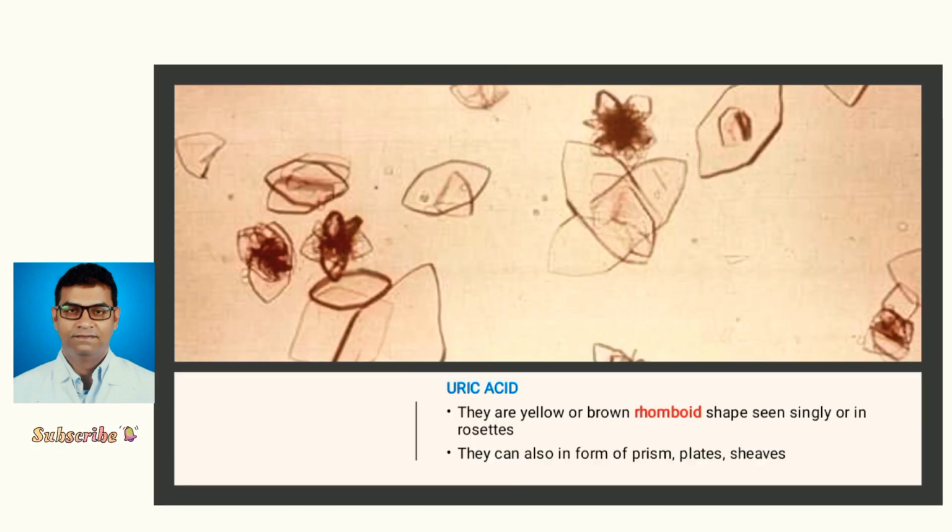Uric acid crystals are yellow or brown in color, rhomboid shape, seen singly or in rosettes. They can also be seen in the form of prisms, plates, and sheaves. So, uric acid, rhomboid shape, they can be in prisms, plates, or sheaves or rosettes.